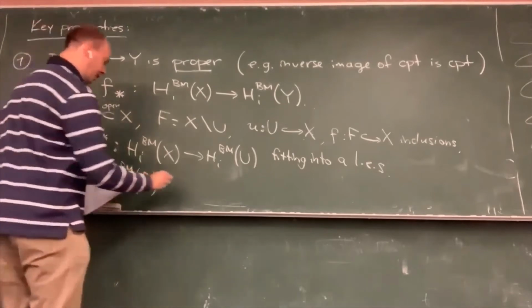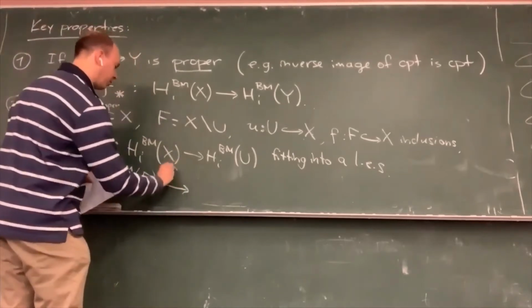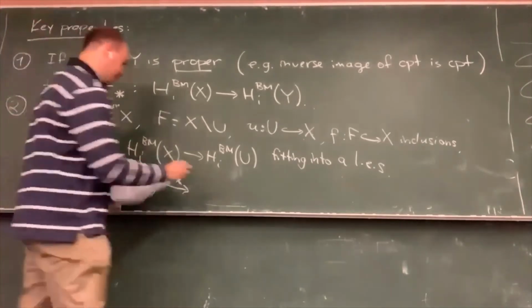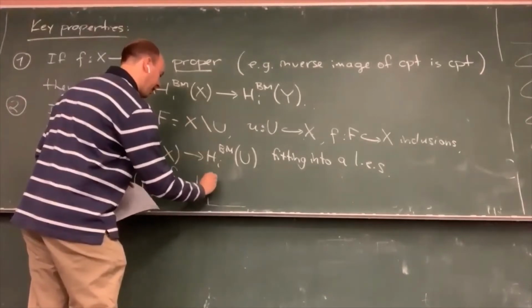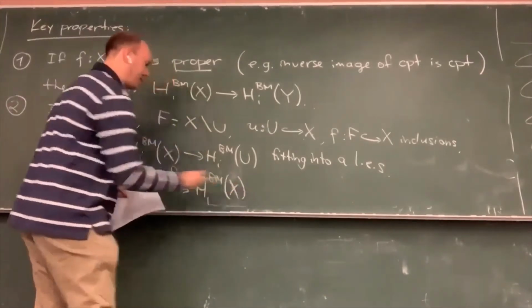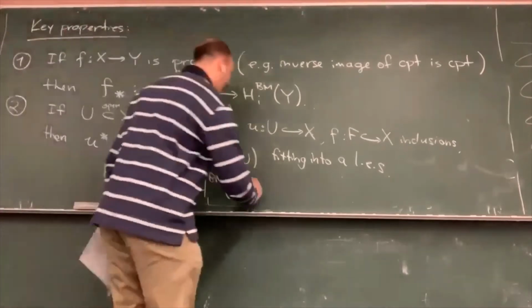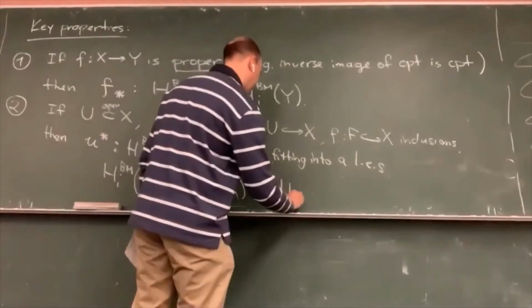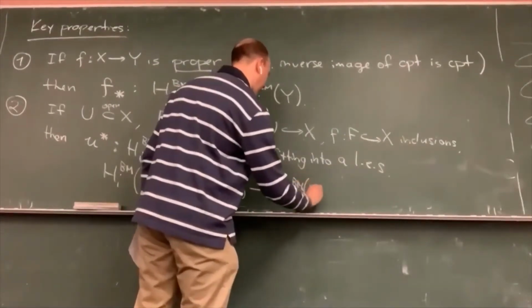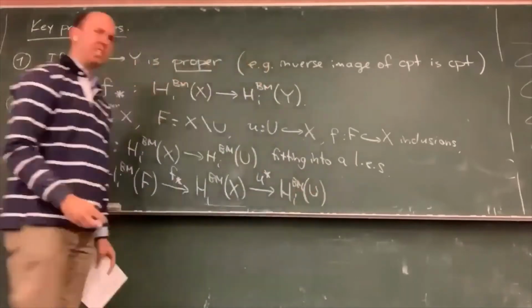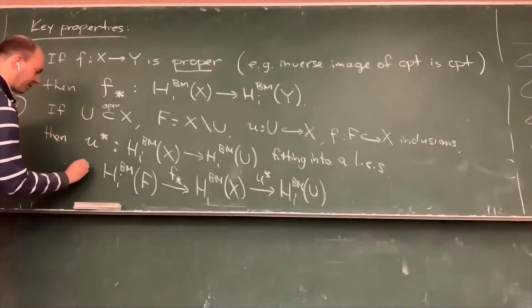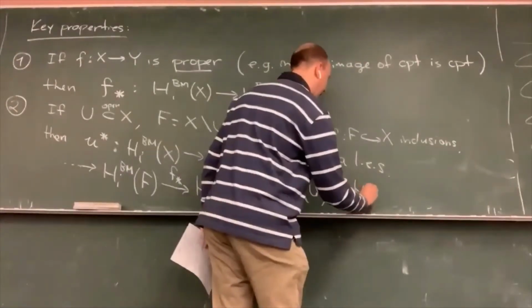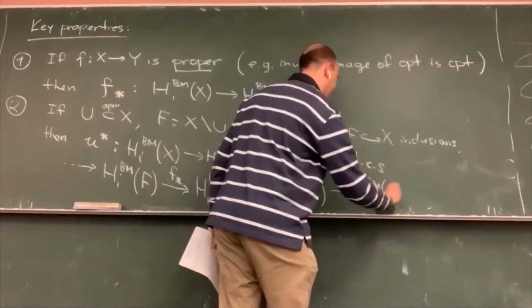So the Borel-Moore homology of the closed subset, according to part 1, closed inclusion is certainly a proper map. So you get a push forward through f from capital F to capital X, and then you've got to pull back through u from capital X to capital U. And this is part of a long exact sequence with boundary maps. So now the next map would go to the (i minus 1)th Borel-Moore homology of capital F.